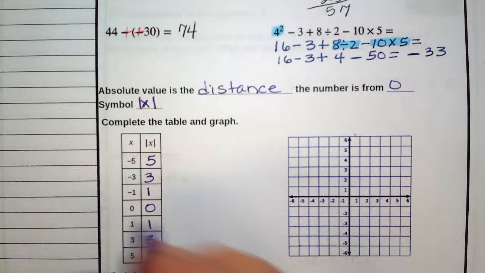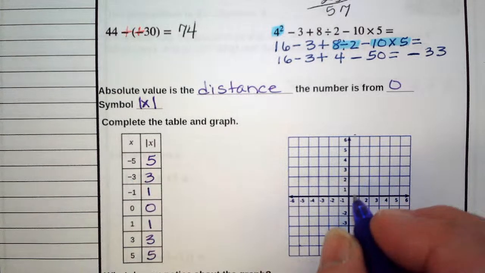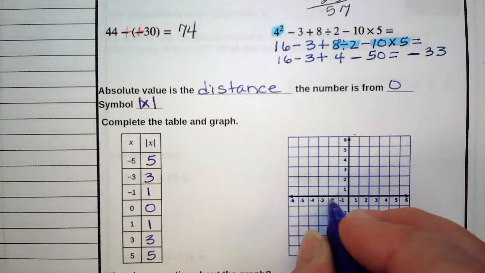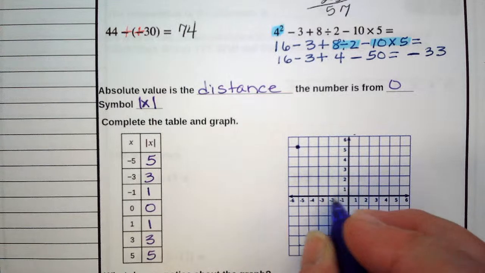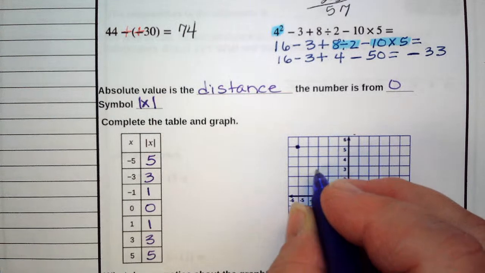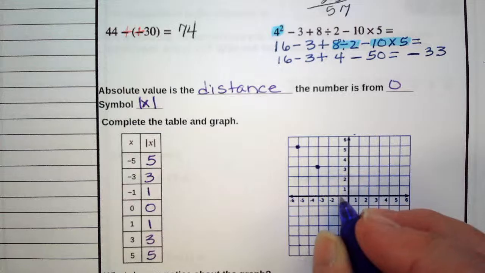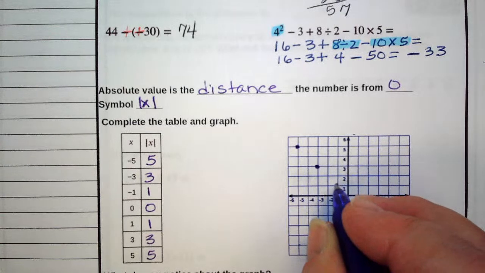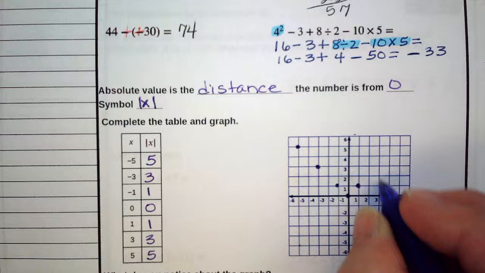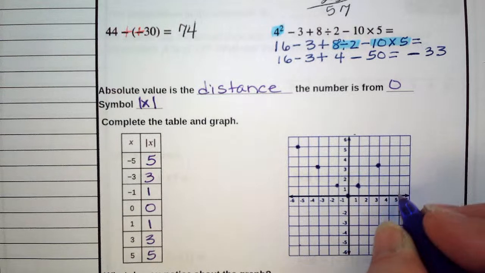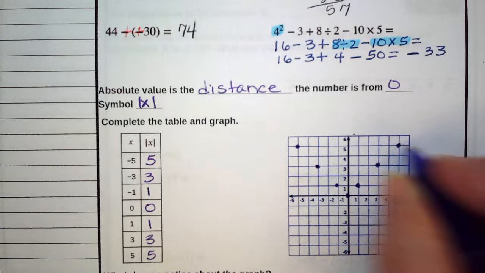What does my graph look like? -5, +5. Here's -5. I'm going to go up to +5. -3 up to +3. -1 to 1, 0 to 0, 1 to 1, 3 to 3, and 5 to 5.